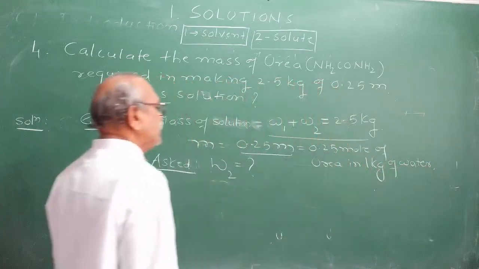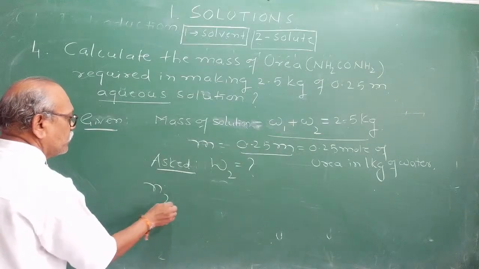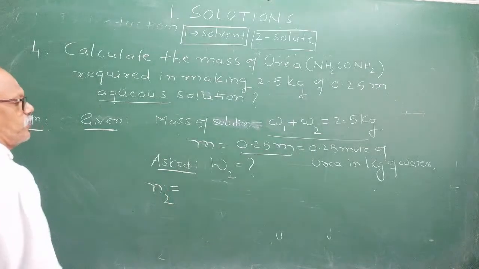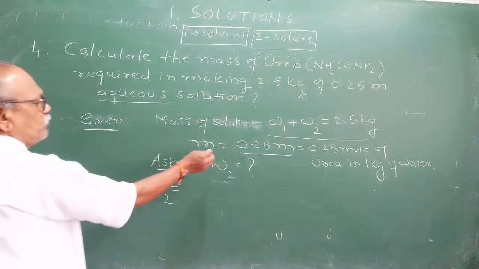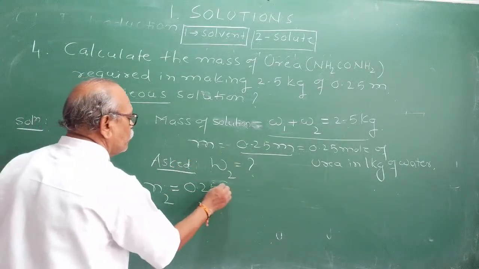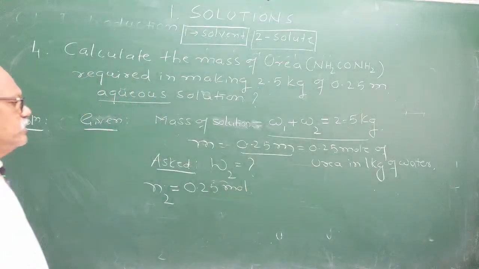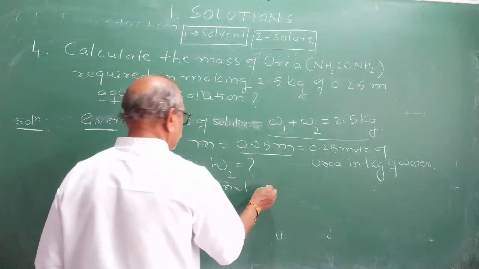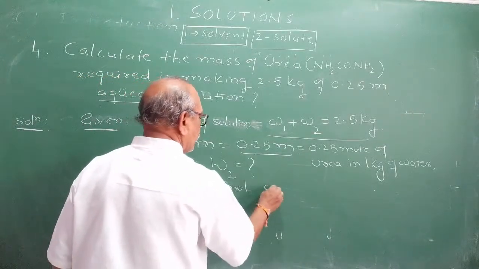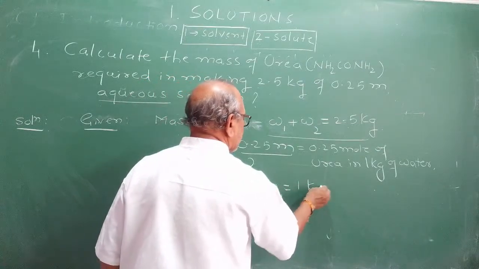Now you can get the details. Number of moles of solute is given by N2, that is urea, 0.25 mole. And what is the mass of the solvent? Mass of the solvent W1 is water here, which is 1 kg.